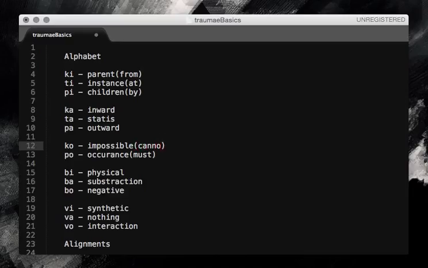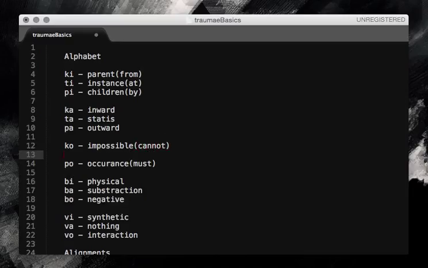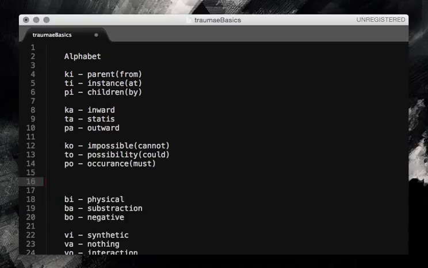So I guess cannot. And in between we're gonna have to, for, I guess, a possibility. And this could be as could. So you must, could, can't. This kind of modality. This is where it's happening.